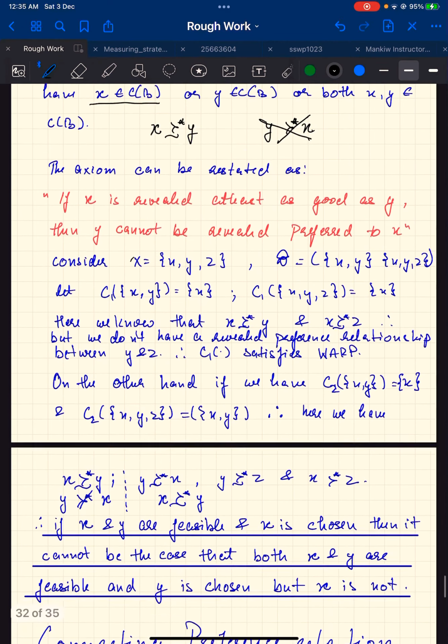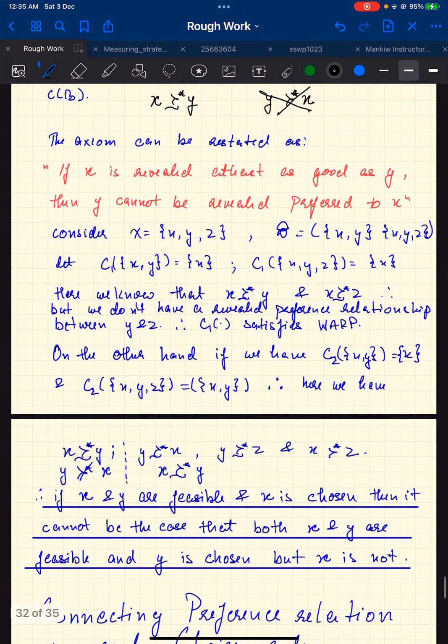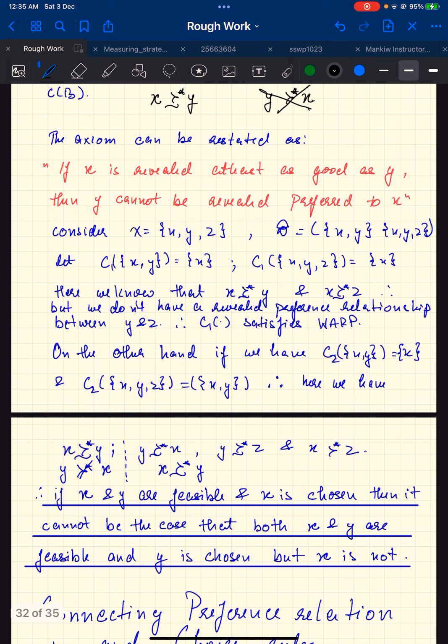So just to reiterate these two things, let's go over a couple of examples. Consider a set capital X, which has three elements X, Y and Z, and two budget sets, B1 and B2.